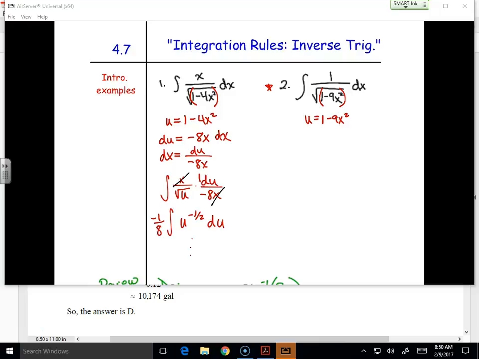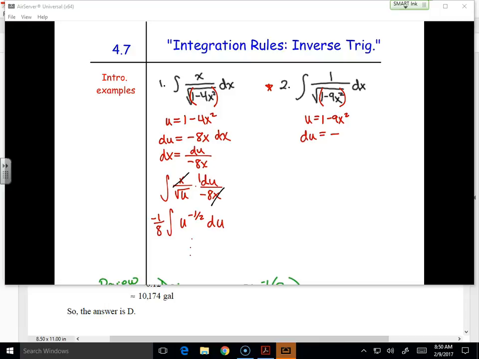But here's the struggle with number 2. If we try, it looks so similar, right? It even looks like some of the ones you might have seen last night in homework, or will see in section 4.6. The difference is that it has a little squared in here. The ones you saw probably didn't have the squared, if there was just a number on top.